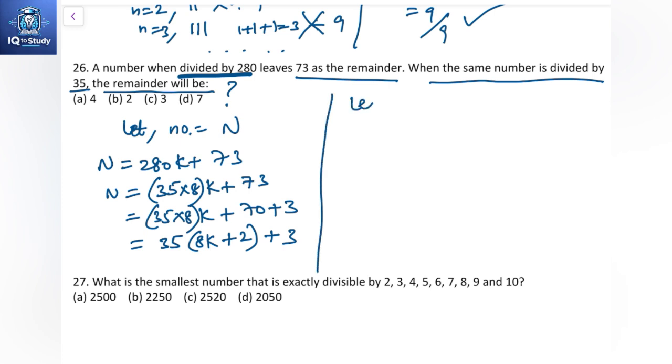Let 8k plus 2 be equal to m. That implies n is equal to 35m plus 3, which is equation 1.